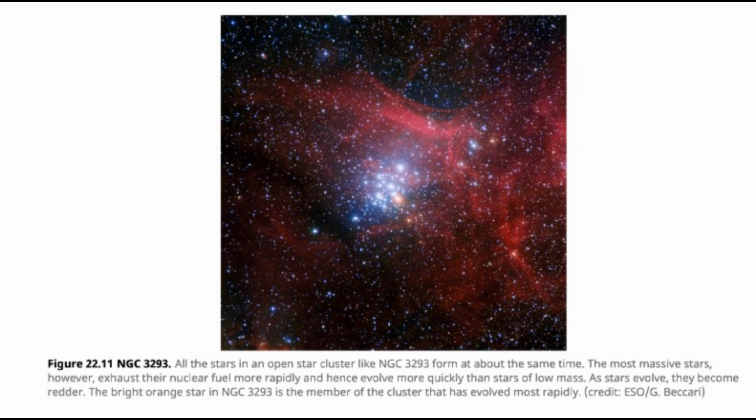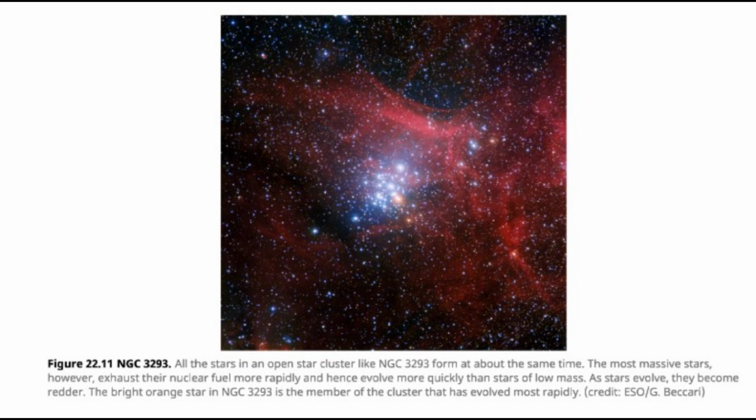So that's the main point of the last one. They evolve more quickly than stars of low mass. As stars evolve, they become redder. The bright orange star in NGC 3293 is the member of the cluster that has evolved most rapidly.